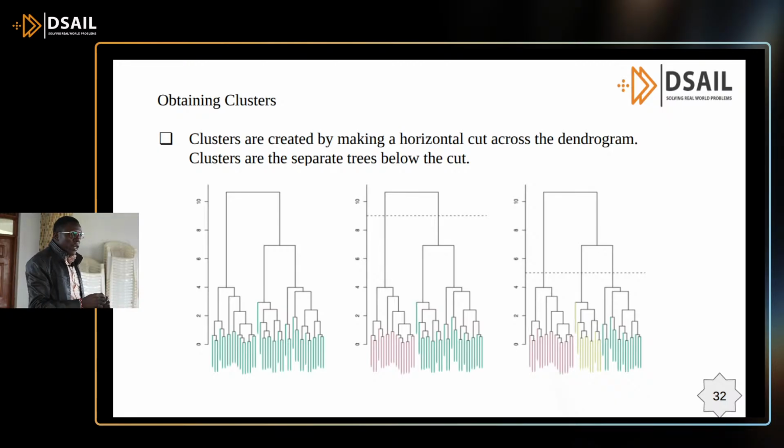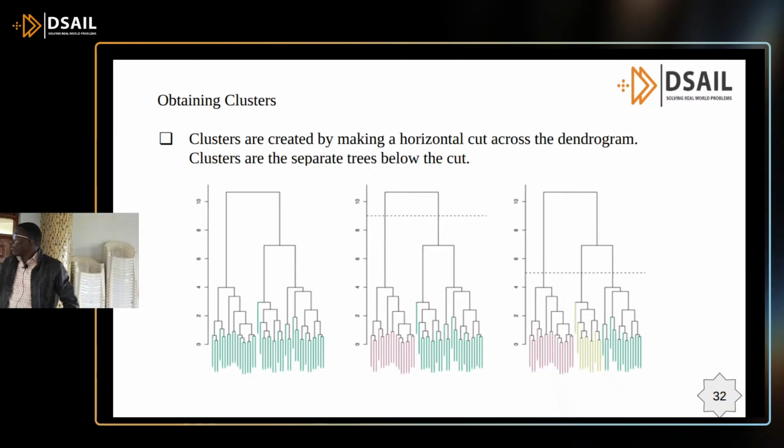You might decide later on, I'll discuss that later. So once you have merged everything together and you have this sort of diagram, how then do we define the number of clusters? Once you've plotted this, it's upon you to decide.